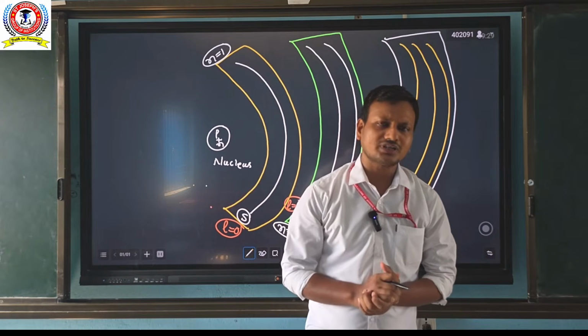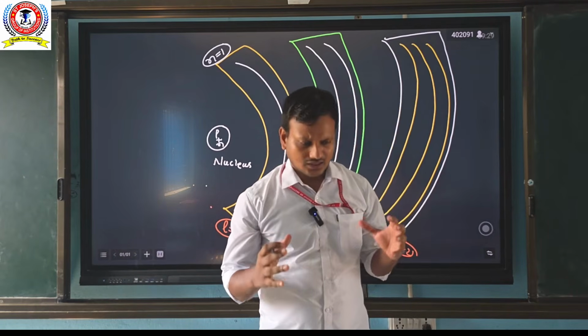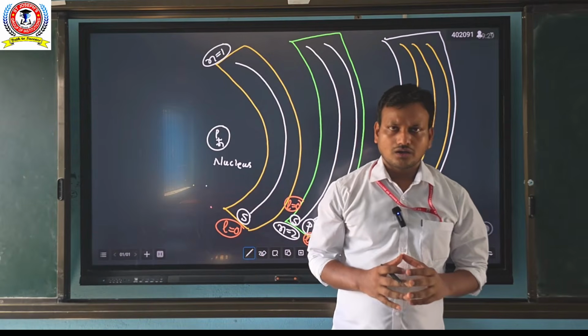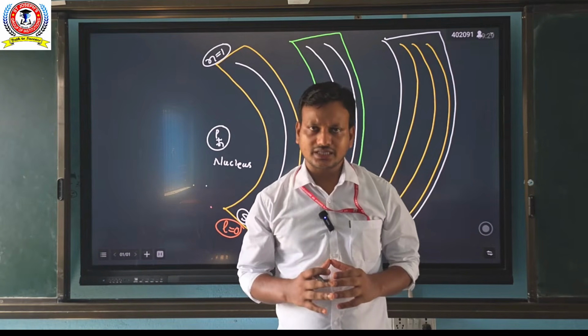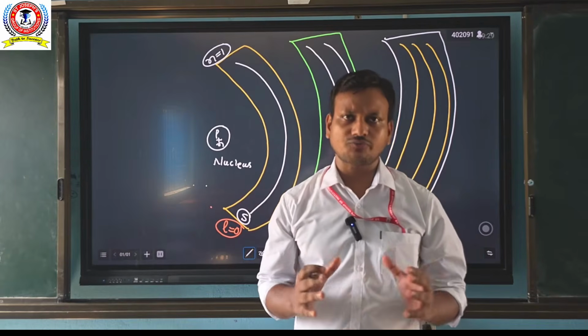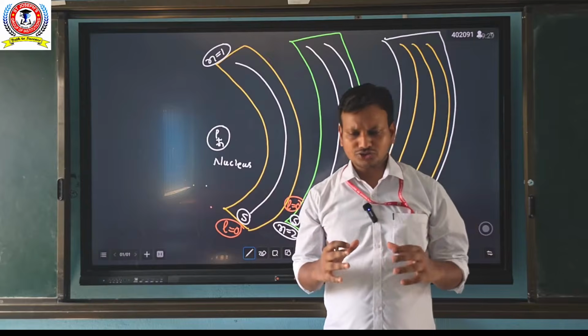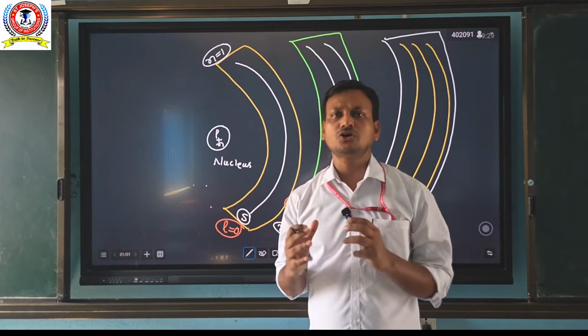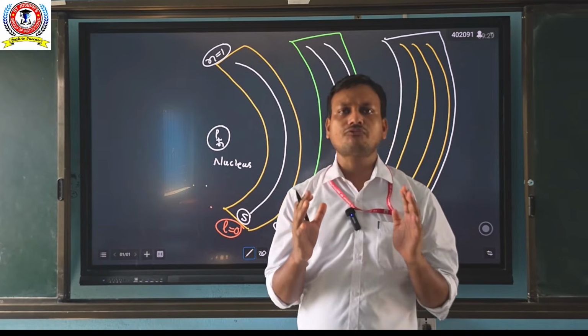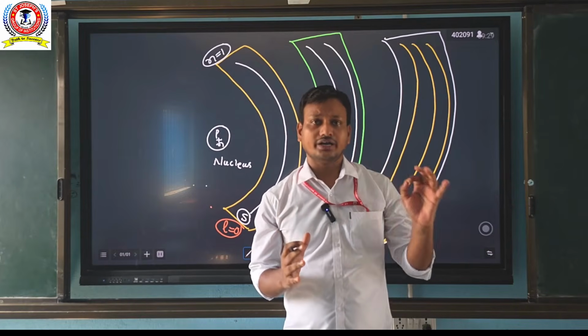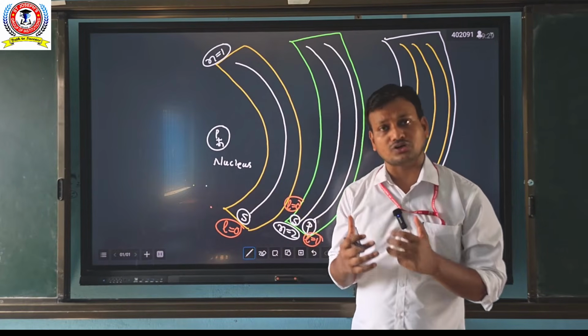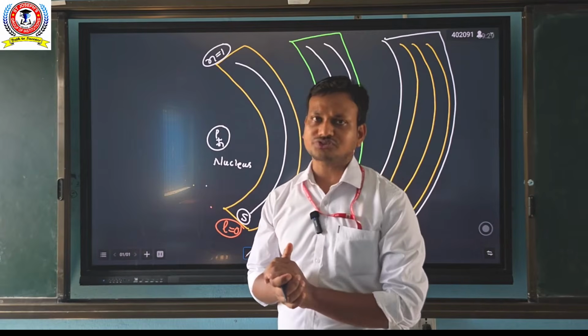And also we know that, students, the formula for the number of orbitals present in a subcell is 2l plus 1. Suppose we put l equal to 2 because the value of l is 2 for D subcell. If we put this value, the result comes out 5.